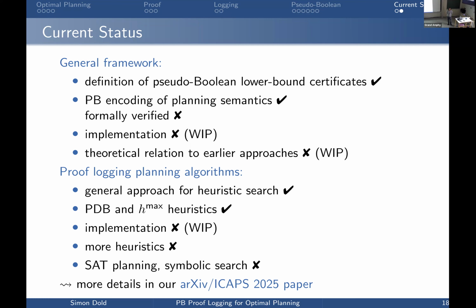So, question for Simon. So for SAT planning, you would need to verify that the encoding SAT is correct. This is all right.